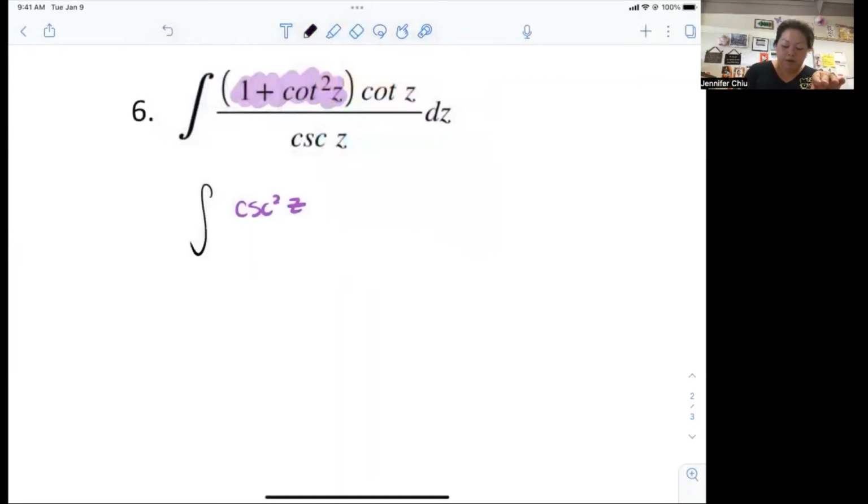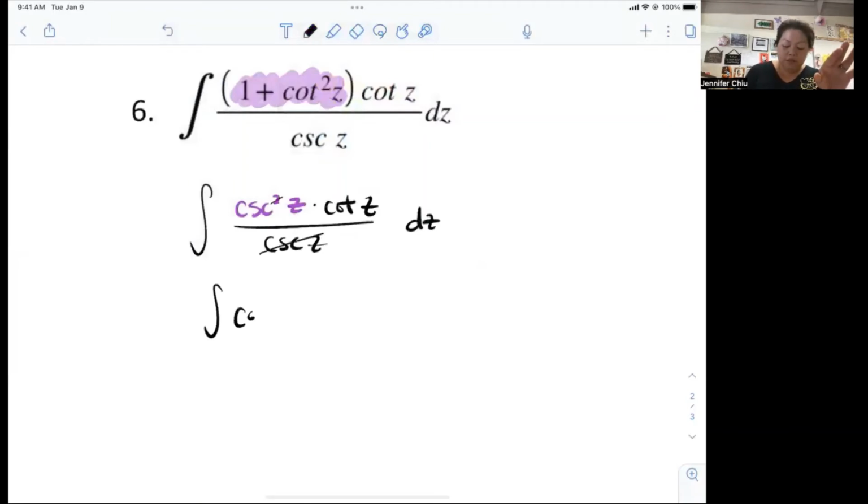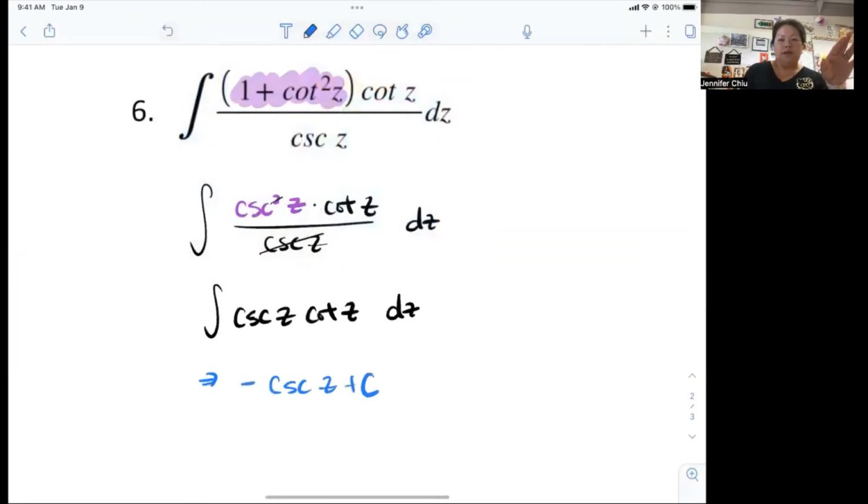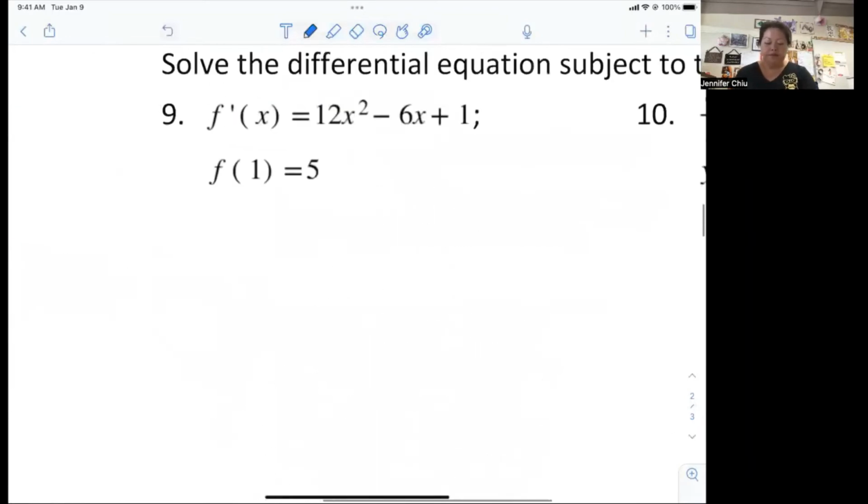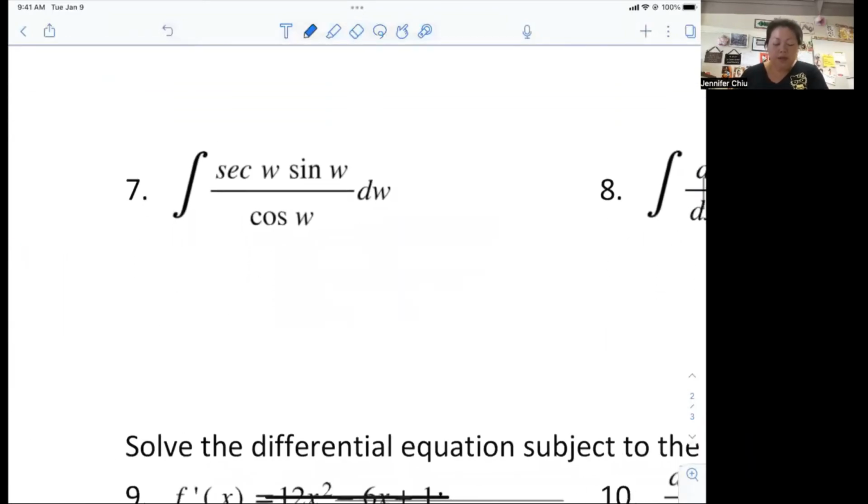And then you have your cotangent z over cosecant z, right? So the identity allows me to do that replacement. And then algebra allows me to reduce these out. So you have cosecant z, cotangent z, dz, which is much more doable because your equation becomes negative cosecant z plus c. Okay. All right, next one.